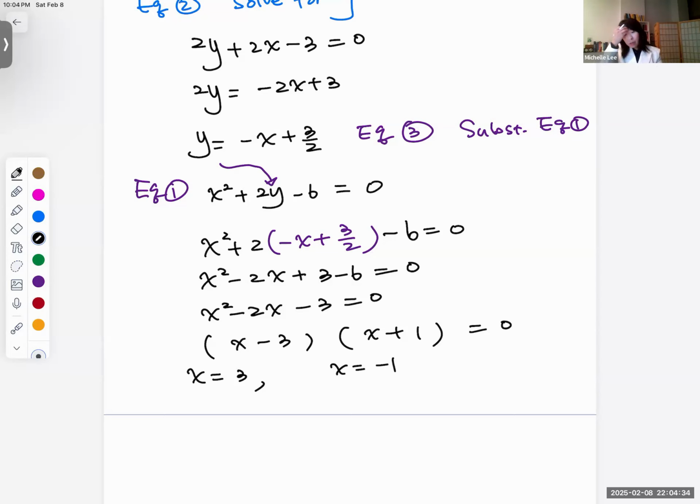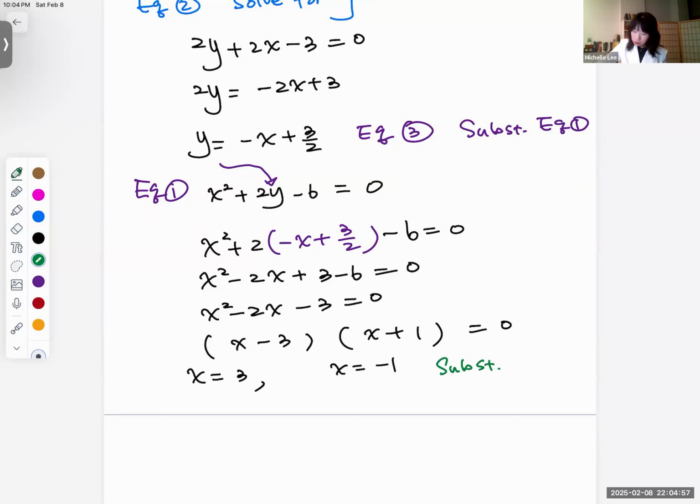Okay, now we need to solve for y because we have x, right? So which one is easy? Equation number 3 is easy, right? So we are using that.